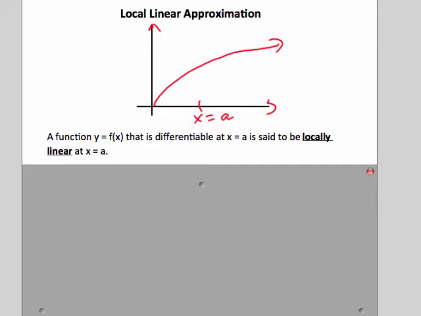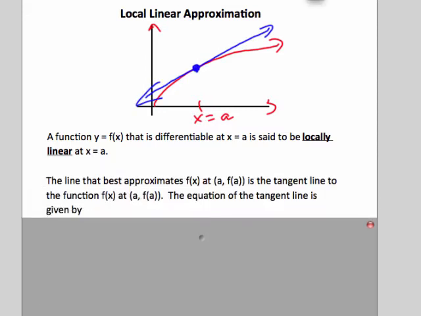And this is what we mean when we say that a differentiable function at a point is locally linear. If we zoom in at the point where it's differentiable, then the graph will eventually look like a straight line. And because of that, the tangent line at that point will approximate the graph at that point.